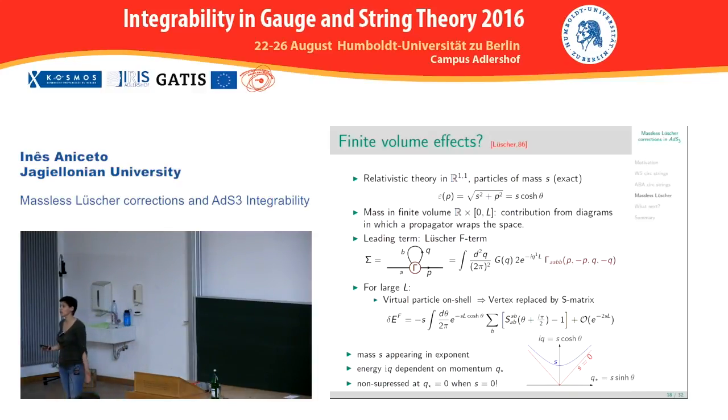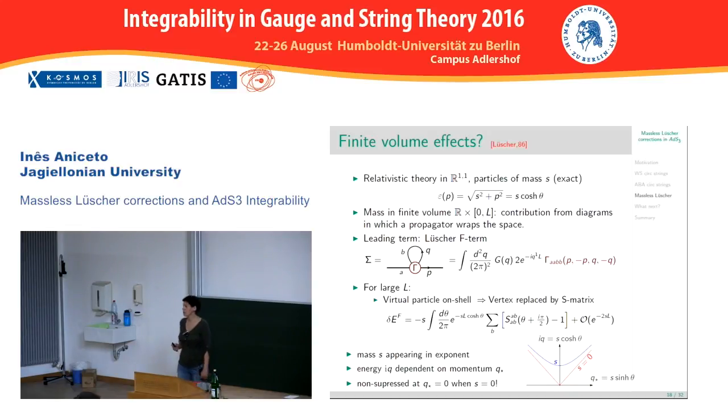So these results, once you do this integration, are always going to be exponentially suppressed when the mass is non-zero. But what happens when the mass is zero? If you look at this drawing, you can see that it is exactly the same as what Alessandro had earlier today. If you have a mass m and you plot the energy with respect to the momenta, no matter what, this exponential will always be exponentially suppressed, because what's here is basically the energy, and the minimal value that it will have is m.